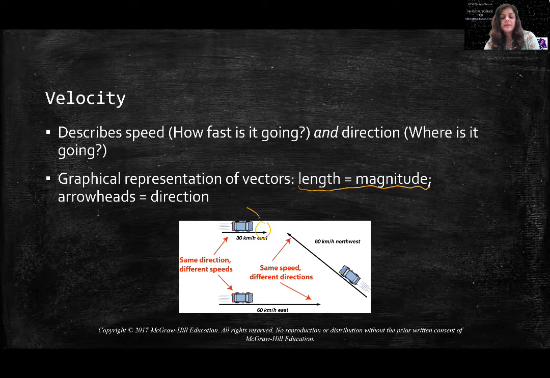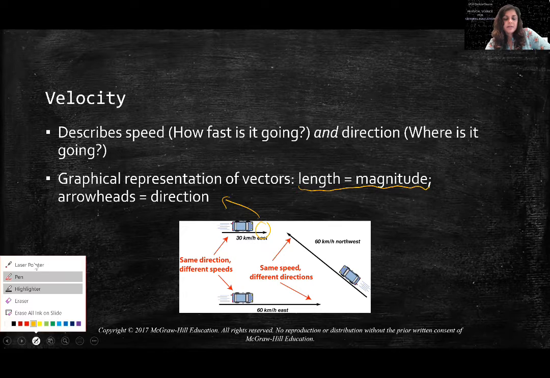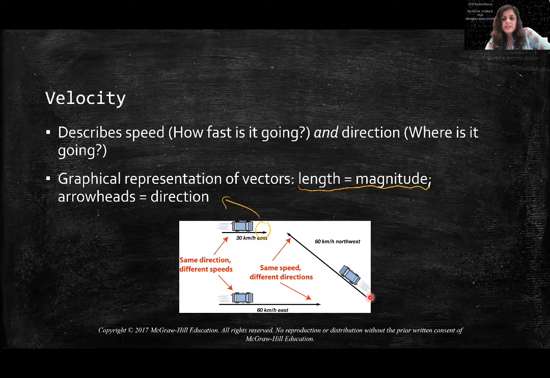So if we look in this picture, both cars are heading in the same direction. Now this car coming up at an angle here, let me get the pointer. This car that's coming up at an angle is pointing in this direction. So we know that's the direction it's heading. It's also traveling at 60 kilometers per hour. So the length of this black line is equal to the length of this black line. The only thing that's different is the direction it's pointing.